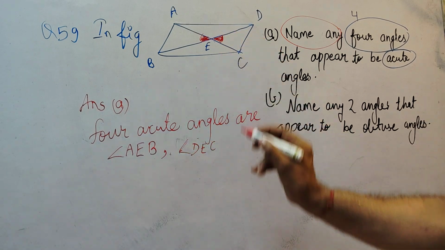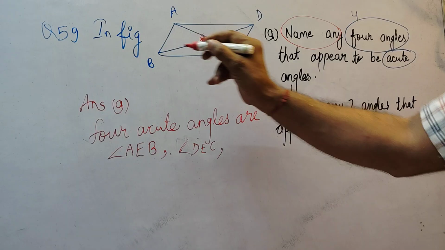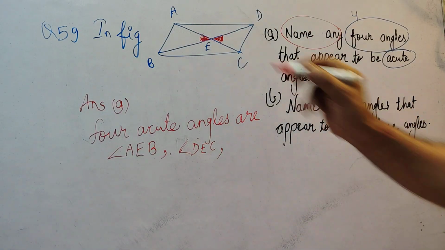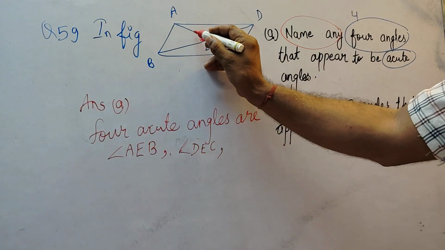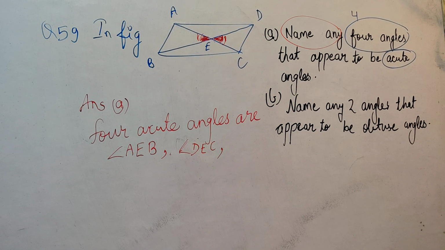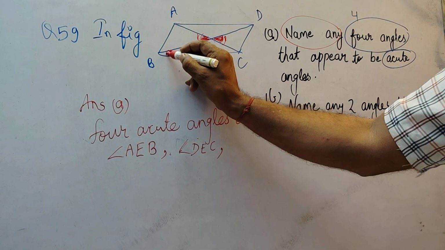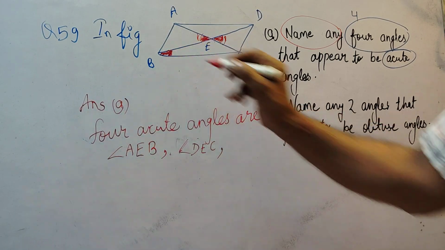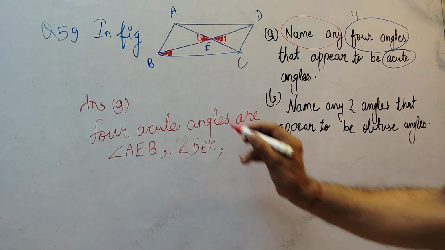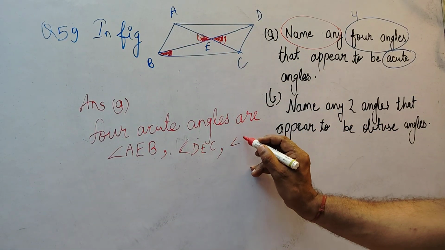Opposite angles are equal in the letter X. This is the letter X. So if this one is acute, then the opposite is also acute and both are equal. Next acute one is this one. Its name is DBC, angle DBC.